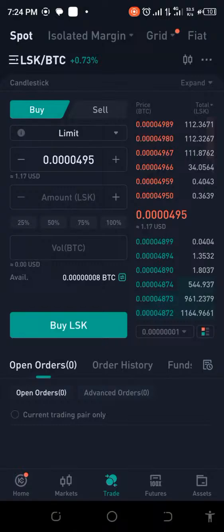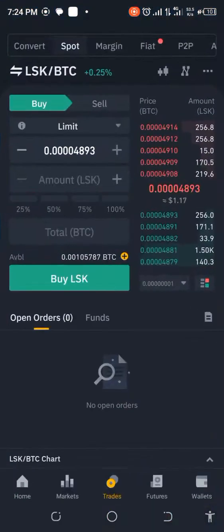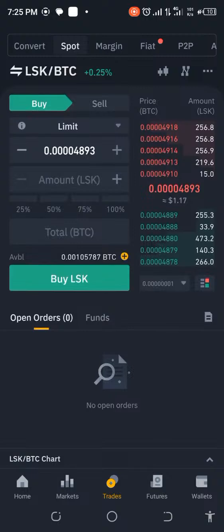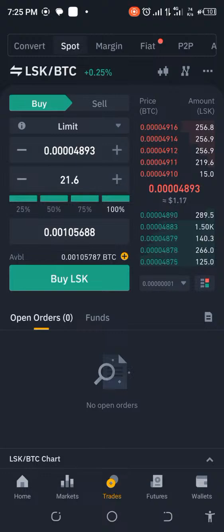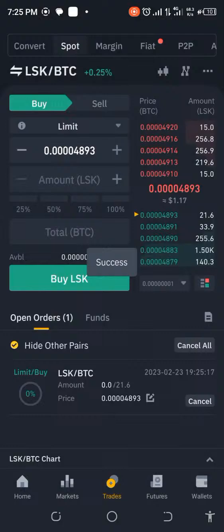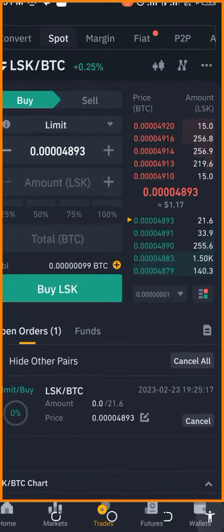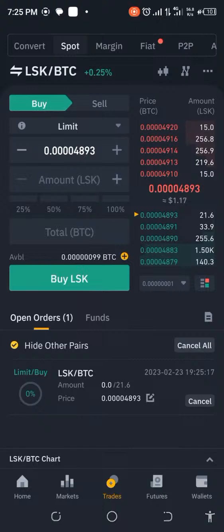Let's go back in here, and we are going to try and sell this by a limit, of course, and then see if we can get this buying LSK with BTC. So let's see how long this will take us. Okay, let's buy it. We're in the queue. We don't know how long that's going to take, so we're just going to wait and see whether it gets to our turn quickly. I'll give you the results in a short while. See you soon.